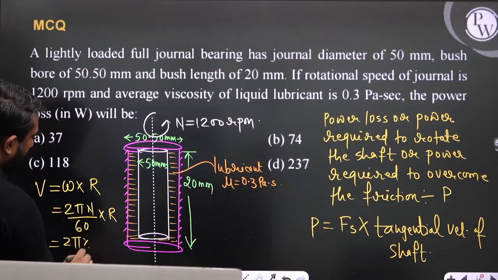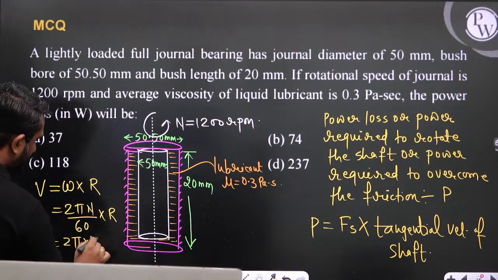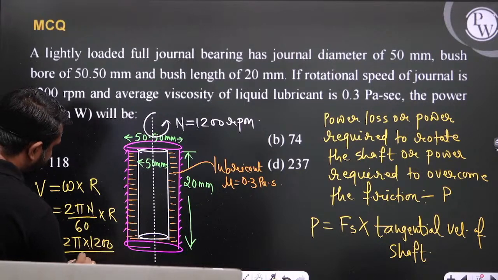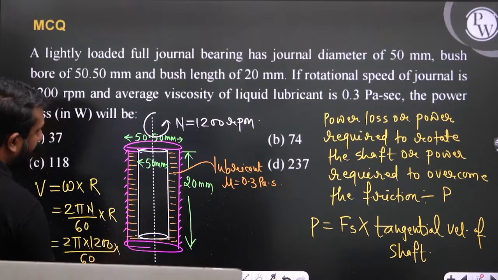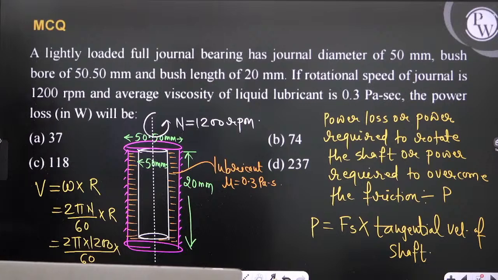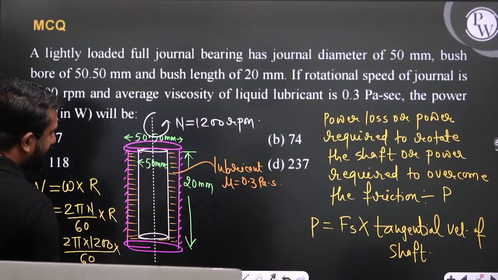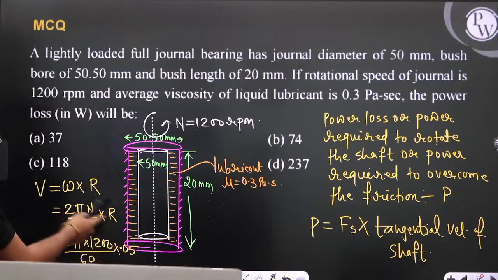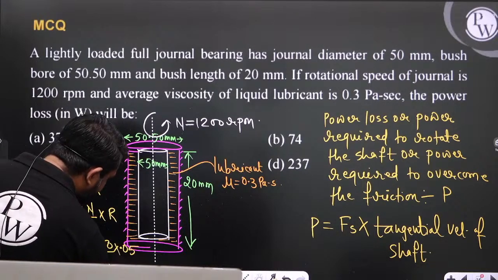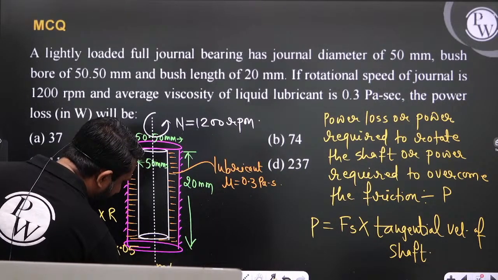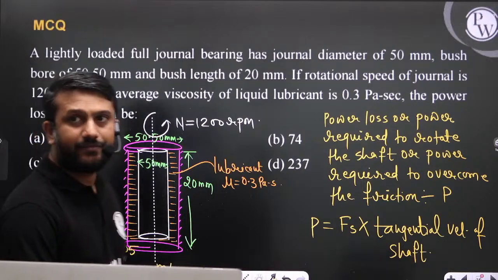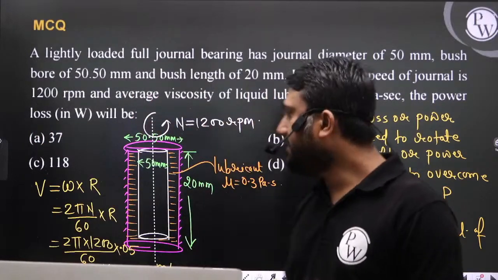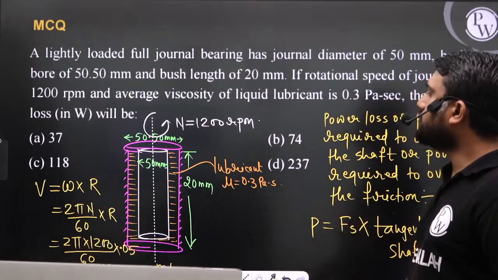So this is 2 pi multiplied by N, where N is 1200, divided by 60, multiplied by the radius of the shaft, which is 0.05 meter. So from here you can calculate the tangential velocity of the journal or shaft.